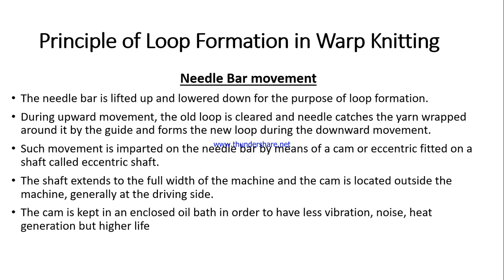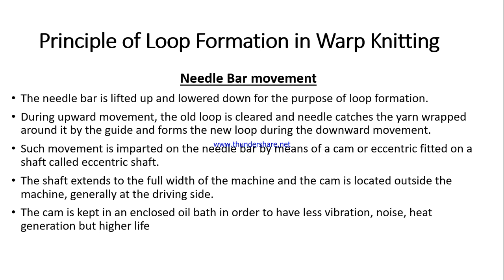All the needles situated on the needle bar move all together with the movement of the needle bar. So the movement of the needle bar is very important to understand, and how this needle bar movement performs the loop formation for the preparation of the warp knitted structure.